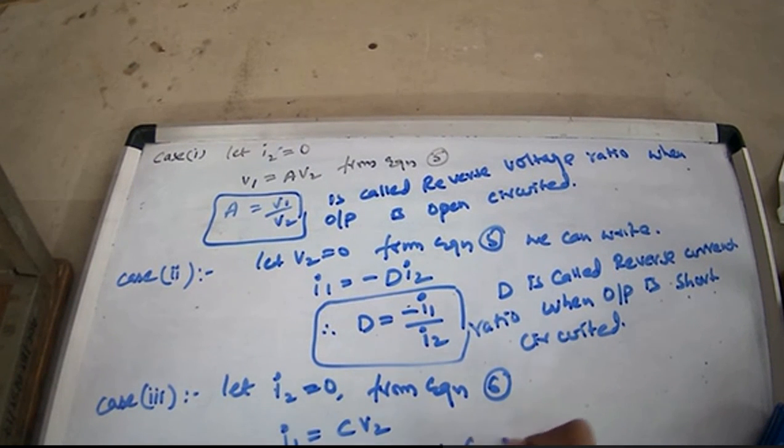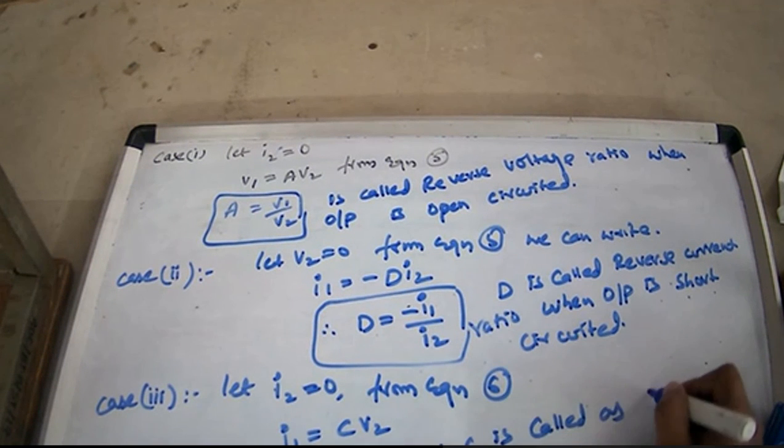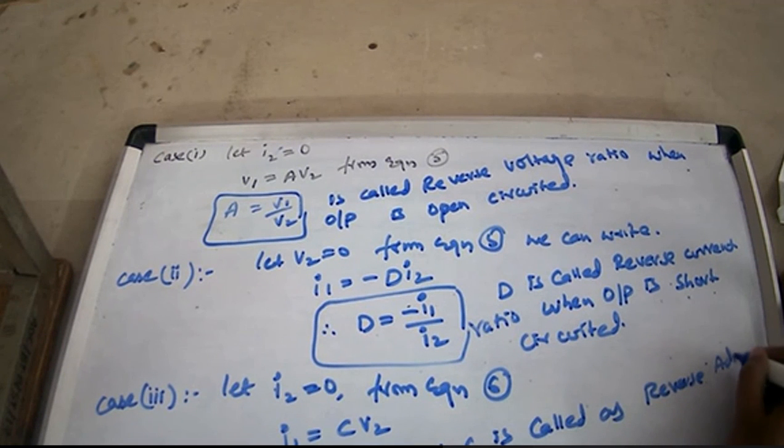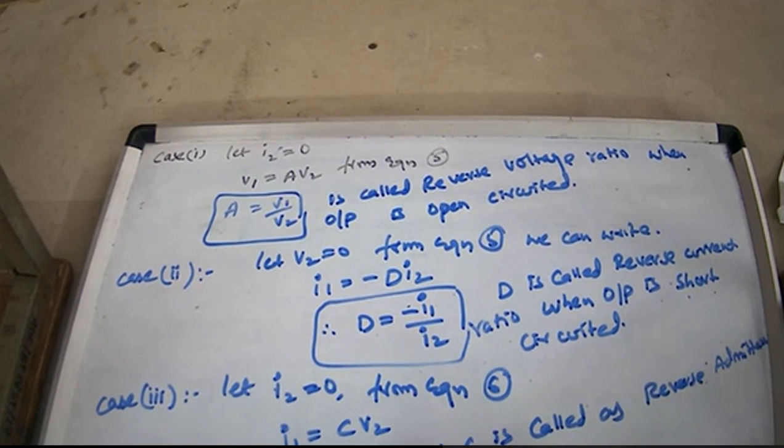So we can say C is called the reverse admittance when the output is open circuit.